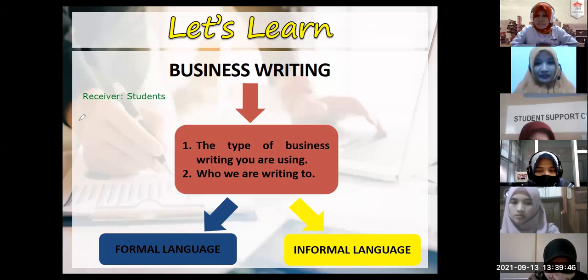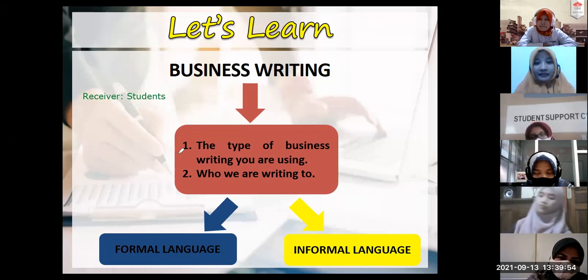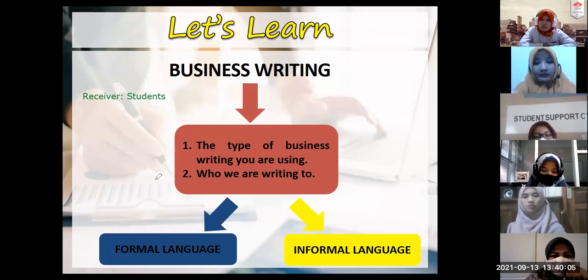So how about to the students, Miss Juwita? Because Miss Tita said before, if we write letters, emails, or memos to students, sometimes we use formal and informal language. Miss Tita said formal if we want to make university announcements or about academic stuff. But when do we use the informal language? The personal and also?